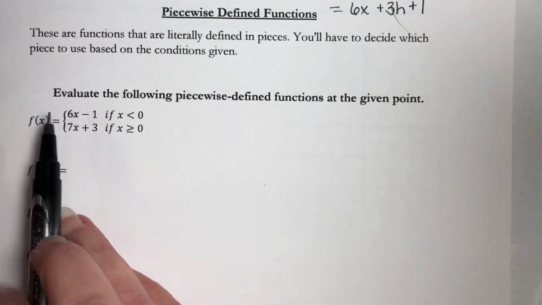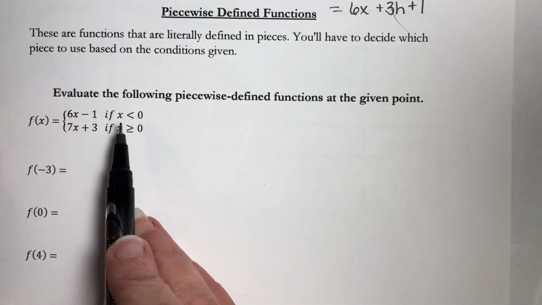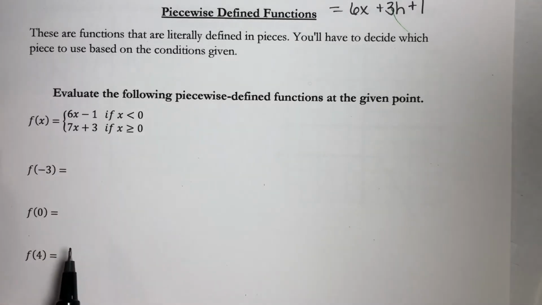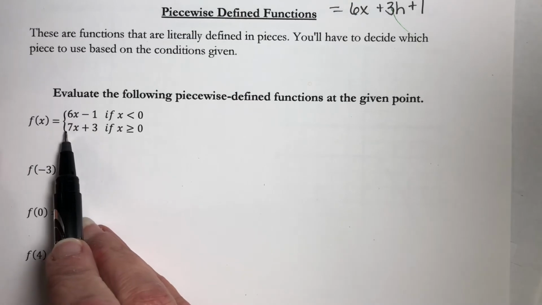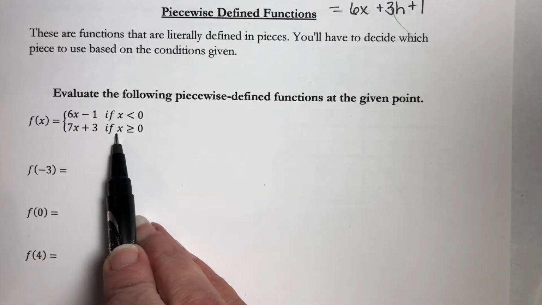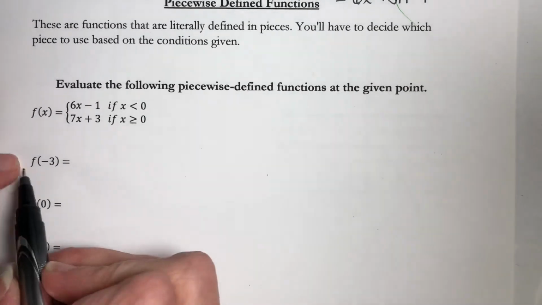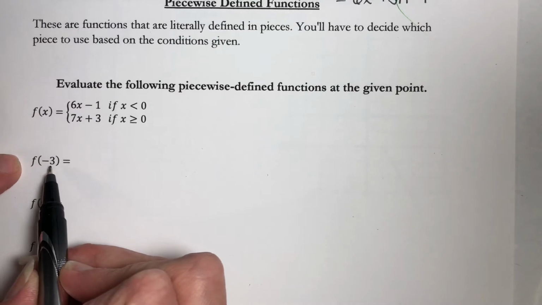Here's our function. f of x is equal to 6x minus 1 if the number we're plugging in is less than 0. Our function is equal to 7x plus 3 if the x we're plugging in is greater than or equal to 0. Okay, so let's do f of -3.